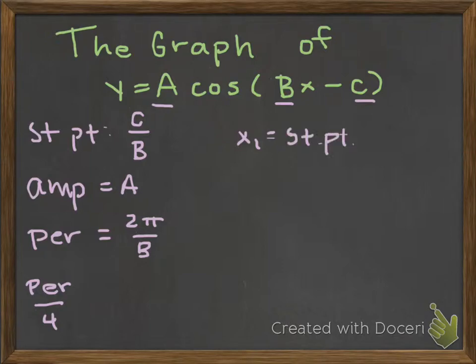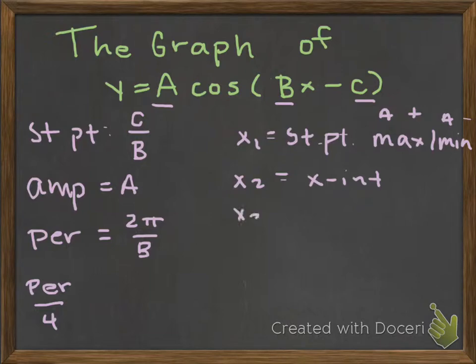But the only thing that's different is that x1 is no longer an x-intercept. It's either a max or a min, depending on what your a value is. If a is positive, we would start at a max. If your a is negative, you start at a min. x2 will now become an x-intercept. x3 will be min or max.